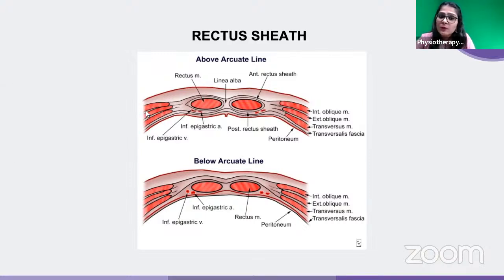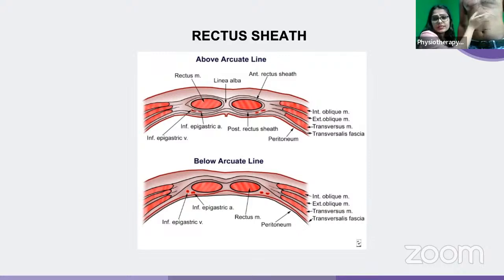Okay. If you see very carefully here, there is an arcuate line present in your abdomen. The arcuate line is nothing but an imaginary line. The upper three quarters of your rectus abdominis is represented in the first picture. Below this, the remaining one quarter is represented in your second picture.